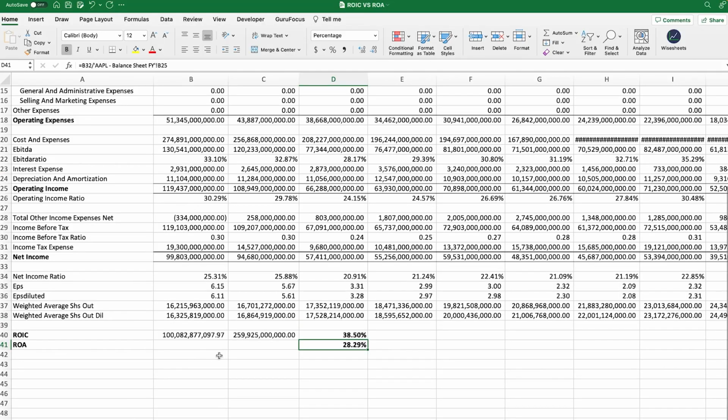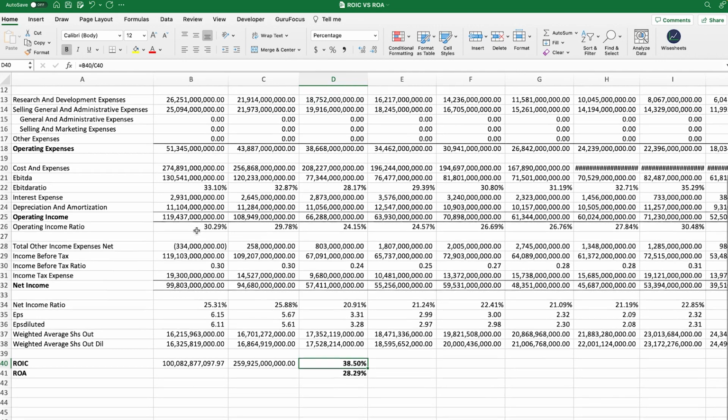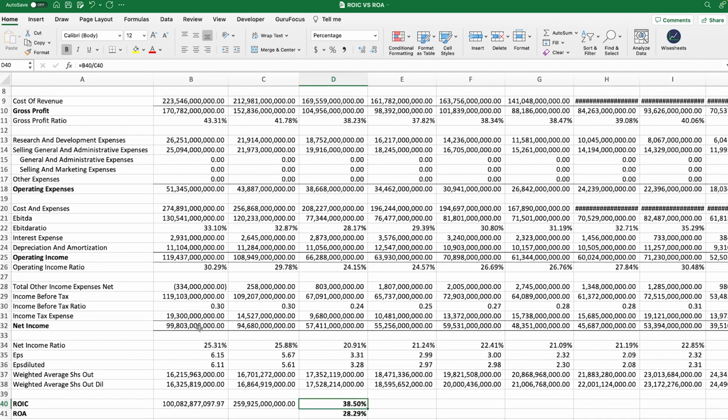Whereas on the other hand, once we calculate the ROIC, you saw that the formula is a little bit more complex because it doesn't take the net income per se, it takes the operating income and subtracts the tax. So it doesn't have all the components of the net income, which is a little bit more accurate from a cash flow basis, because there are some expenses on the income statement that are taken into account for the net income, but they don't actually mean that the company has to pay that money.